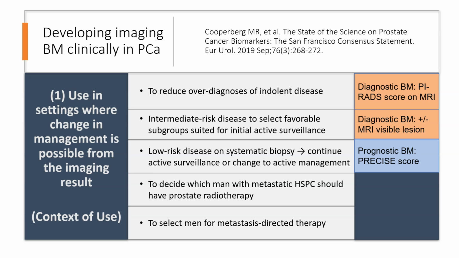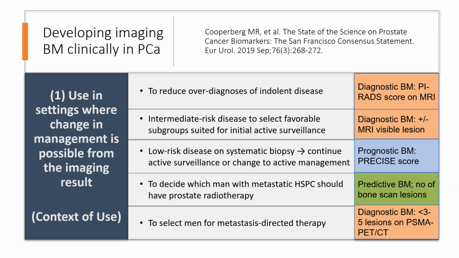What sort of biomarker would you need to decide which man with metastatic hormone-sensitive prostate cancer should have additional pelvic radiotherapy? Here we said we needed a predictive biomarker because the number of bone scan lesions in a man with metastatic hormone-sensitive prostate cancer predicts who will benefit from an overall survival advantage perspective. As a final example, what sort of biomarker do you need to select men for metastasis-directed therapies?